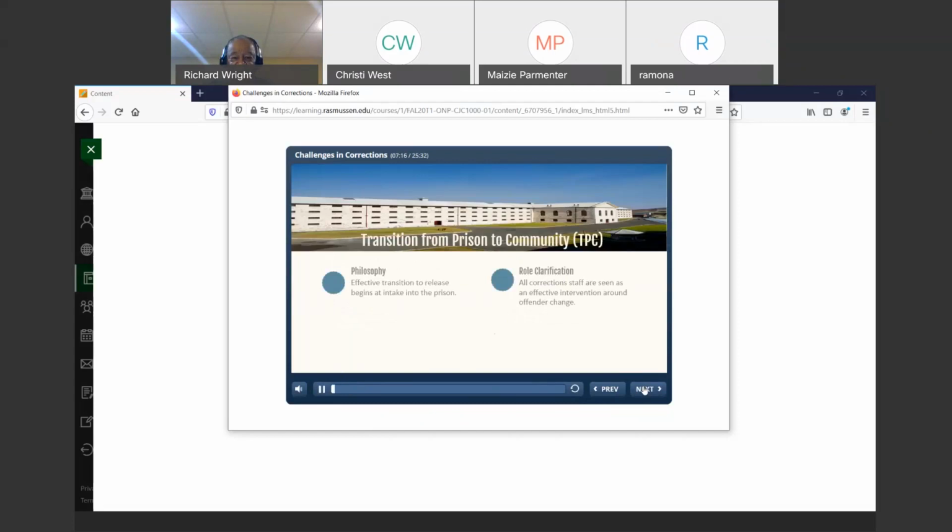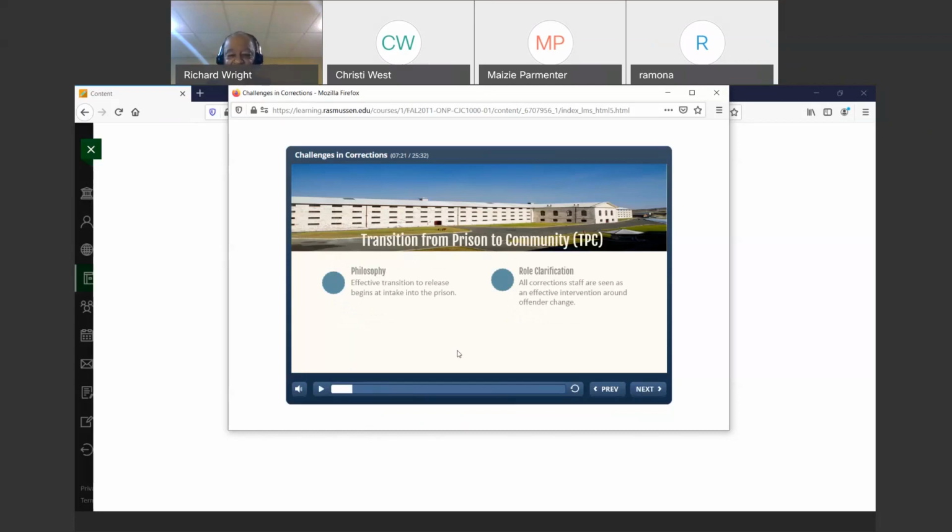These are things that help you with your assignment. Now, transition from prison to community, TPC. Effective transition begins with intake. That's why I said at the beginning that when they first come in, your philosophy ought to be to prepare them for leaving. That's from day one.